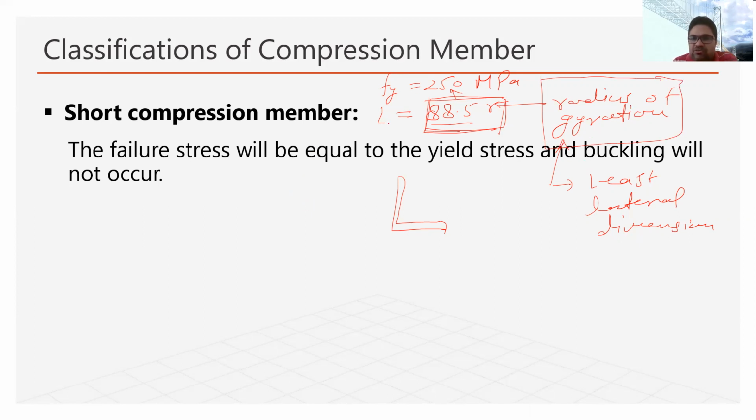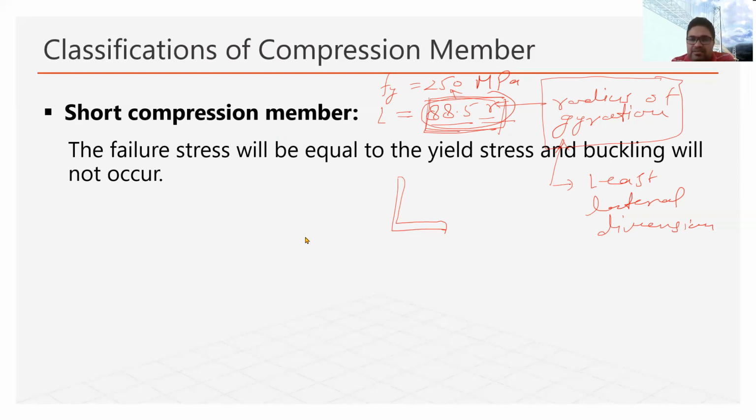So length of member calculated from this formula, up to this length, the member will be termed as short compression member. And if the member has length up to this value, then we can say that failure in the member will occur completely by squashing.